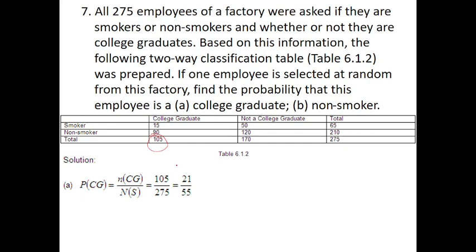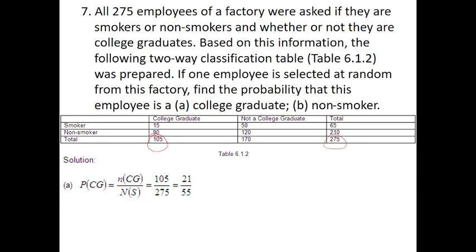Then total number of employees, 275. So 105 over 275. So that's the probability that this employee is a college graduate, 21 over 55.